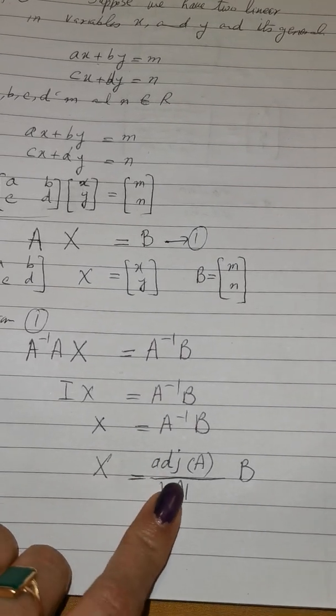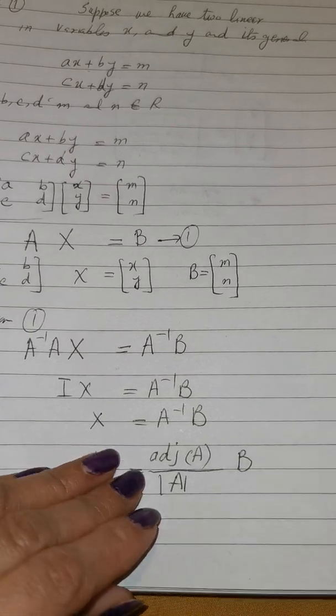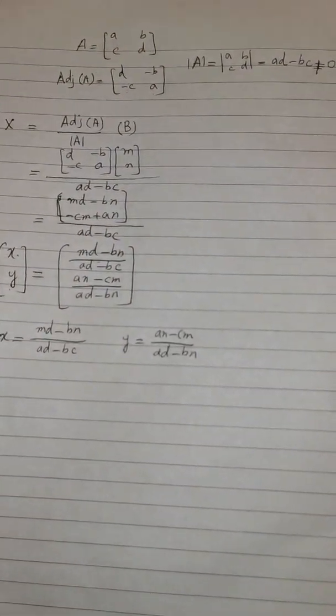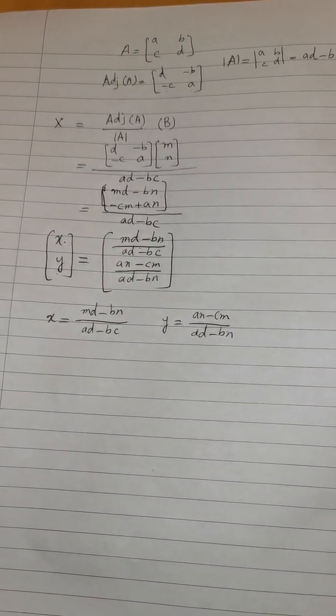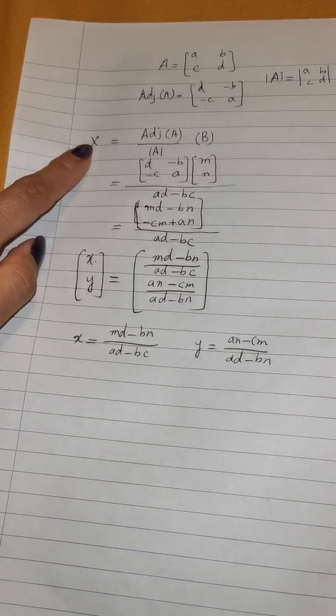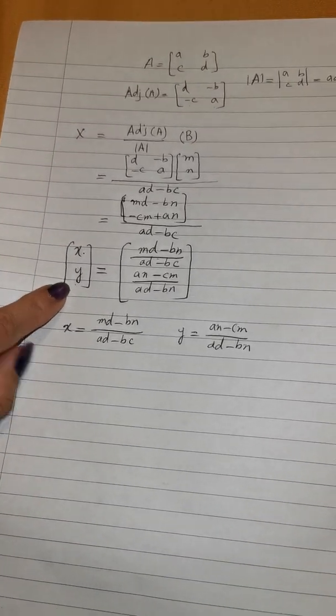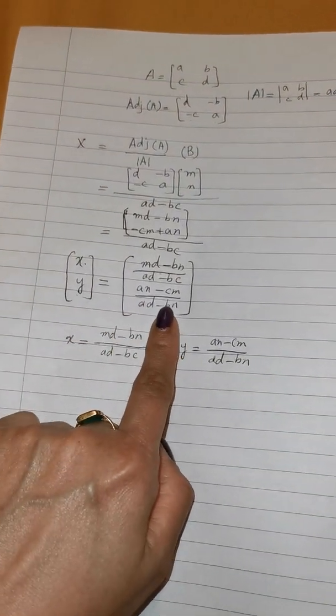A inverse, you know, is adjoint of A divided by modulus of A. You will find this adjoint of A and modulus of A like that, and just put the values, and after simplification you will get the matrix X, which is x and y. First value will be of x and second value will be of y.